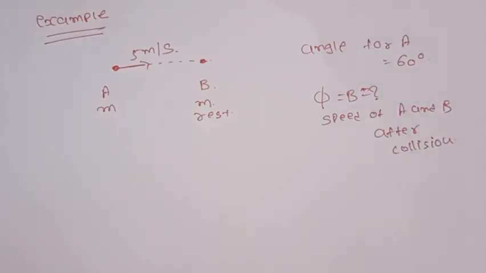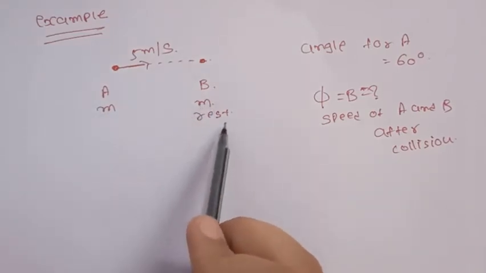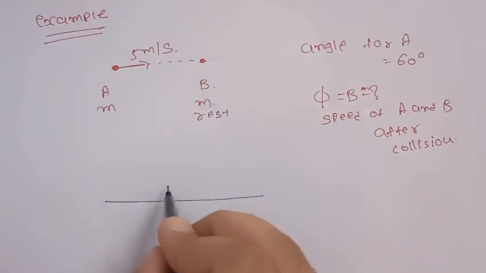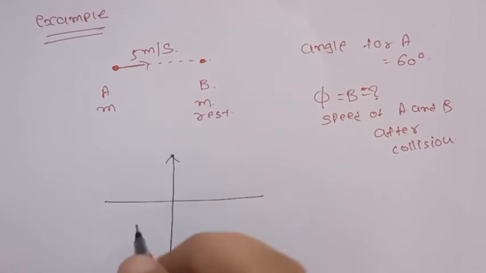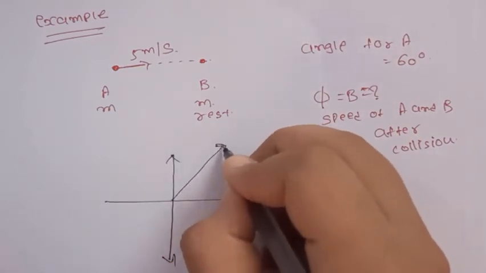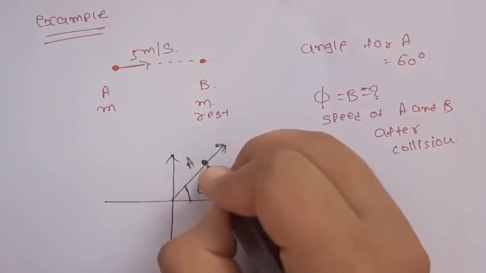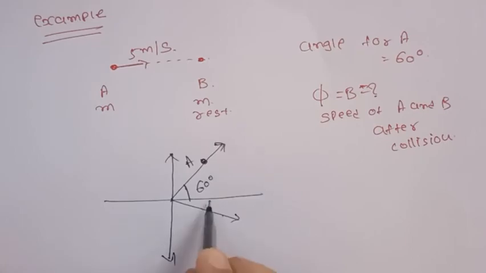Here, as these two are identical and one is at rest initially, after collision they will move perpendicular to each other. A is moving making an angle 60 degree with initial direction. So B will move making an angle 30 degree with the x-axis.